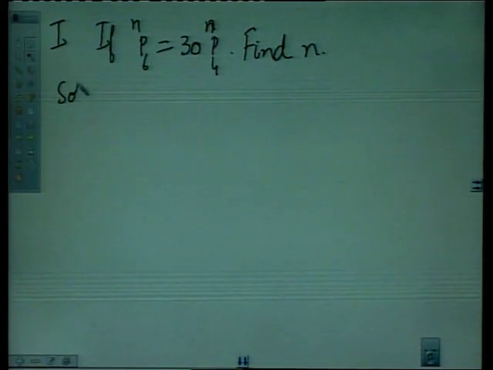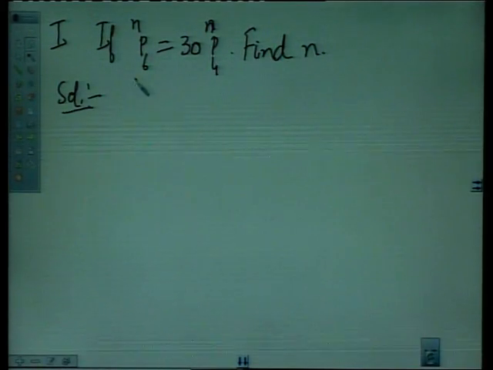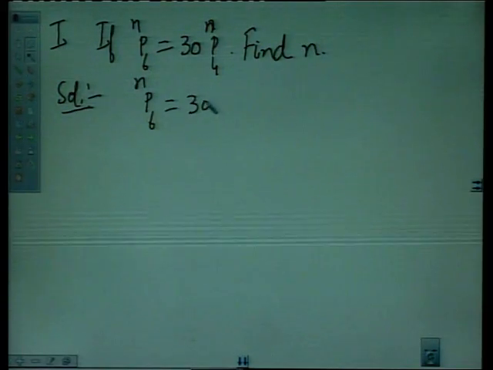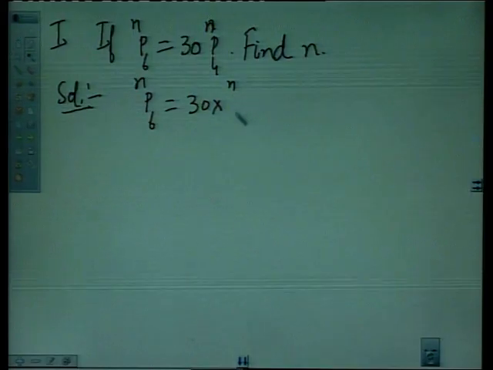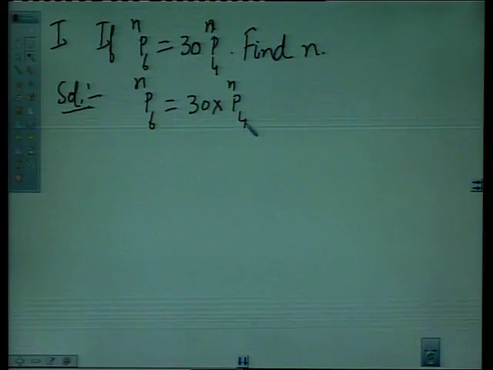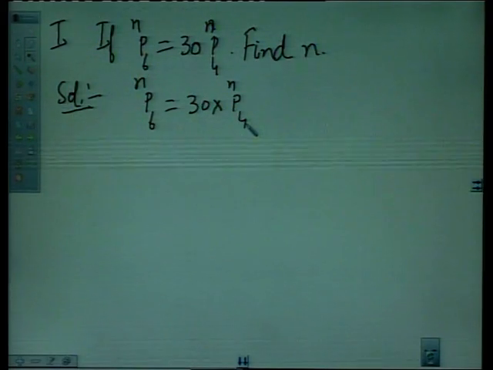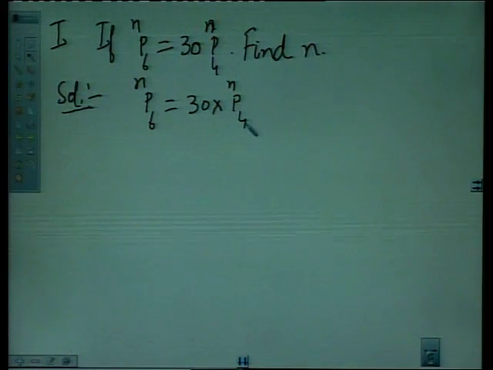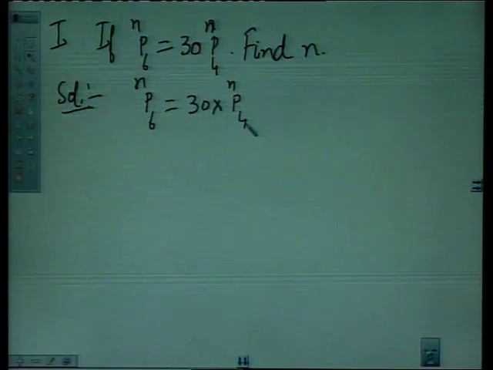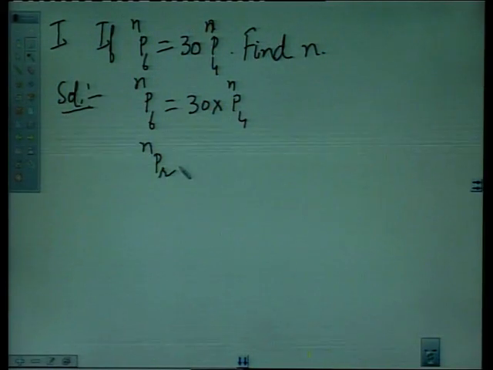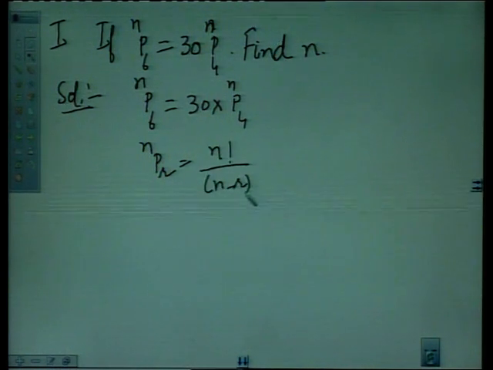The question is nP6 is given to be equal to 30 into nP4, and we are to find the value of n. Here we are going to use our result number 1. What is nPr? This is n factorial over n minus r factorial.